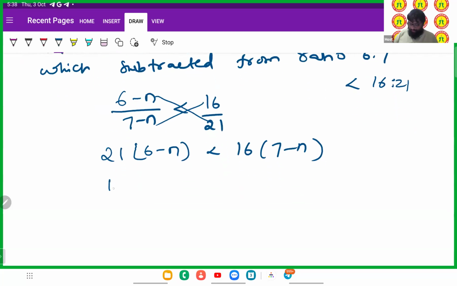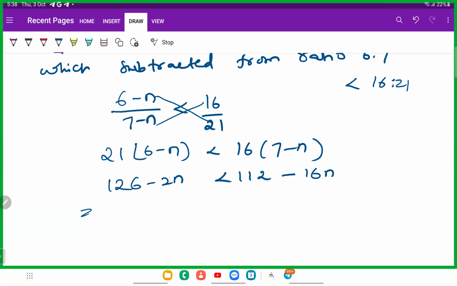That is 126 minus 21n less than 112 minus 16n.